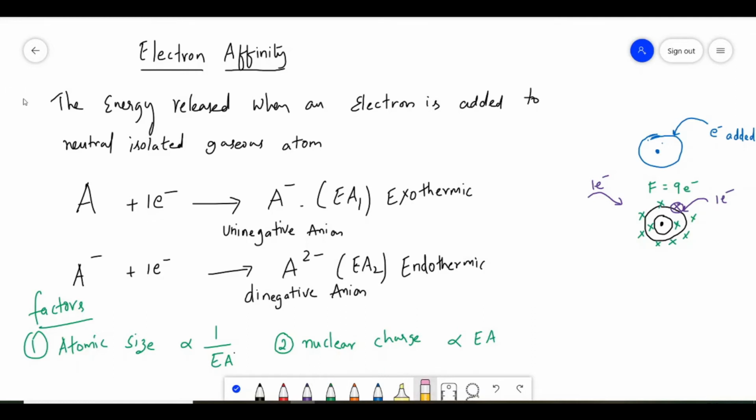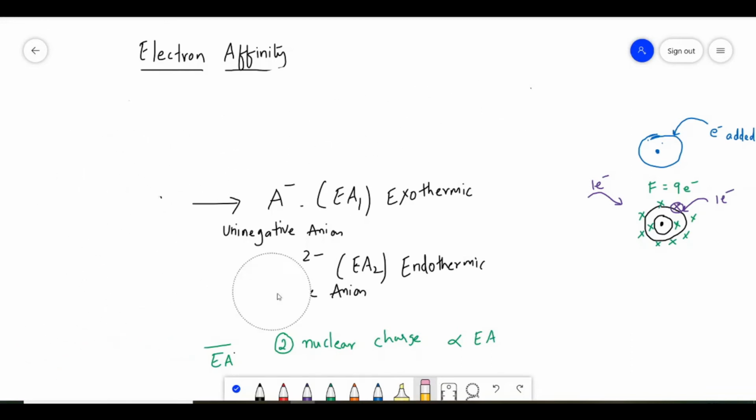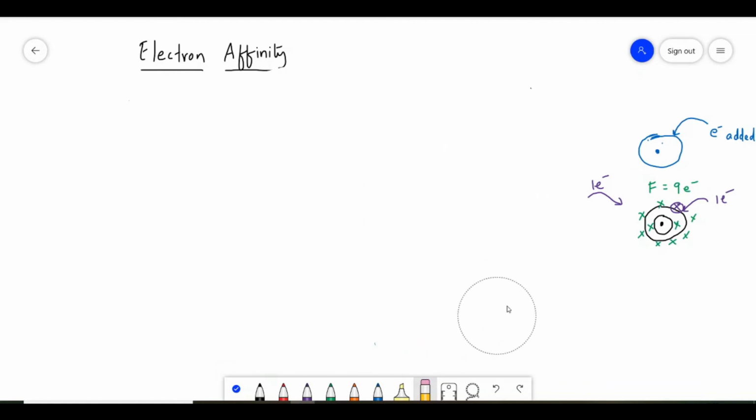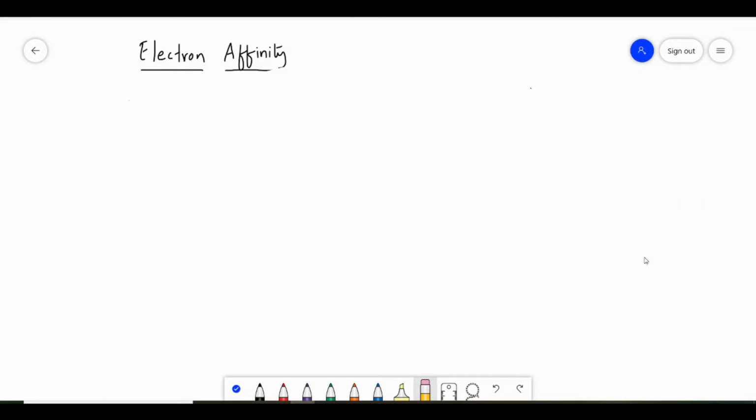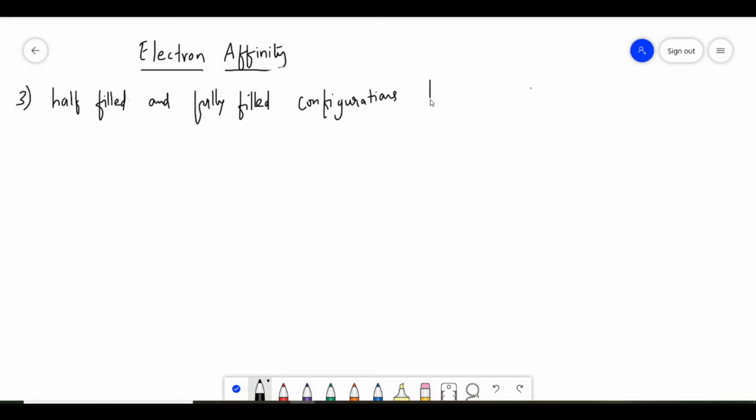Now coming to the third point, it is very important. For writing the order of electron affinity in a group and period, the first important factor is size, and the next factor, the third factor, is what we are writing now: half filled and fully filled configurations have less electron affinity.